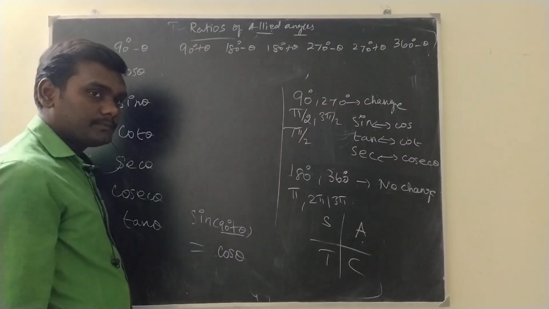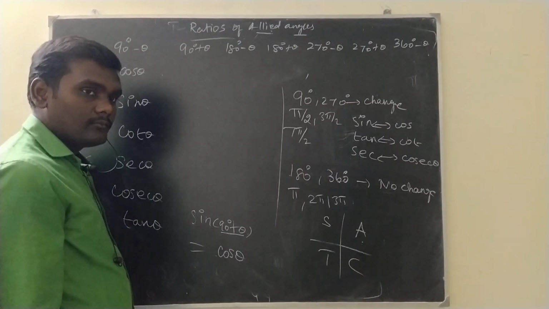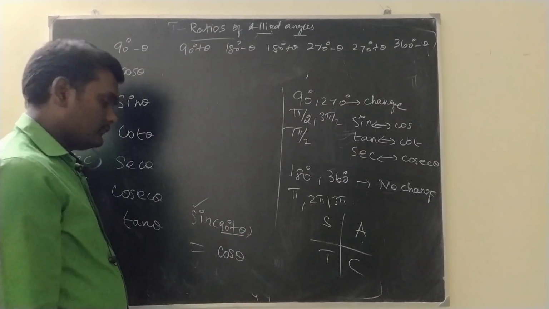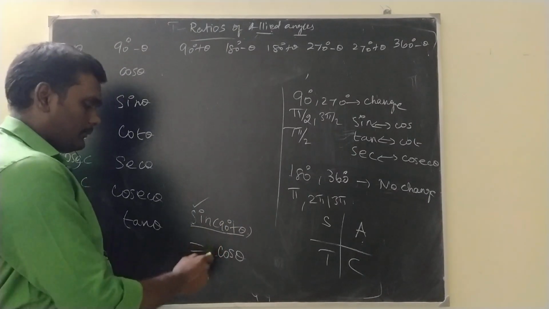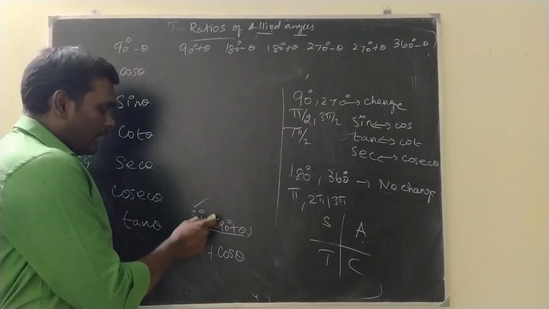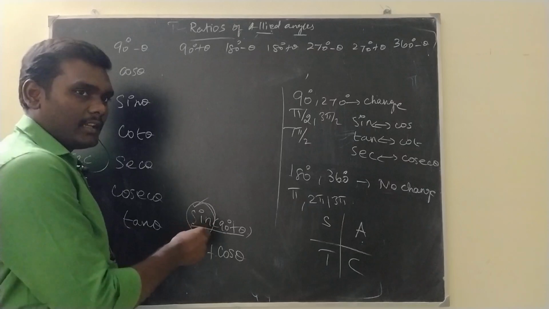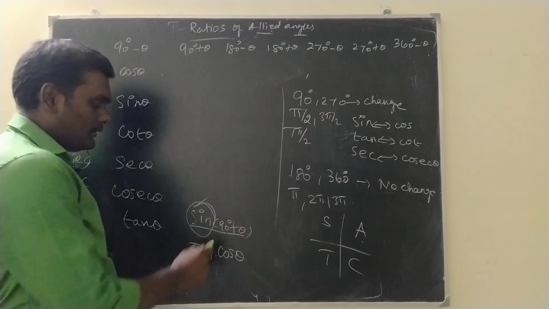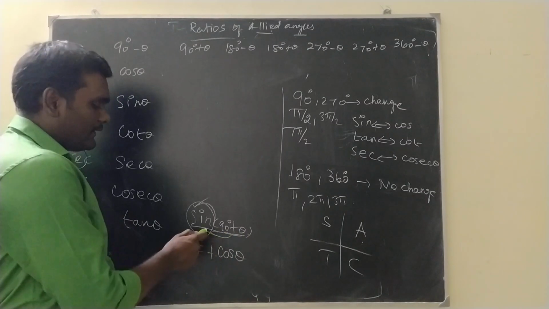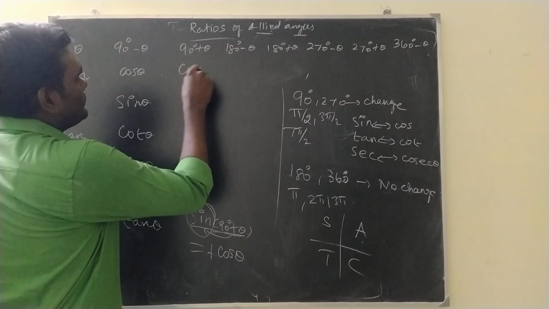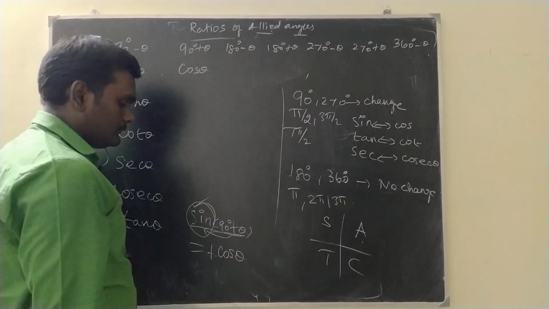Who is positive? What we are calculating, for that only we should take. What comes as the answer, don't care. Sin is positive for 90 plus theta, so it is cos theta.